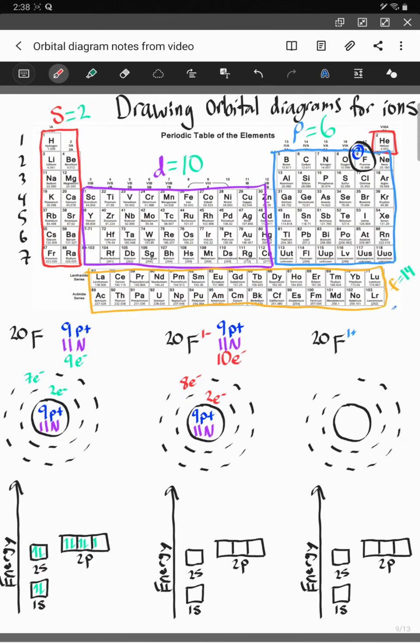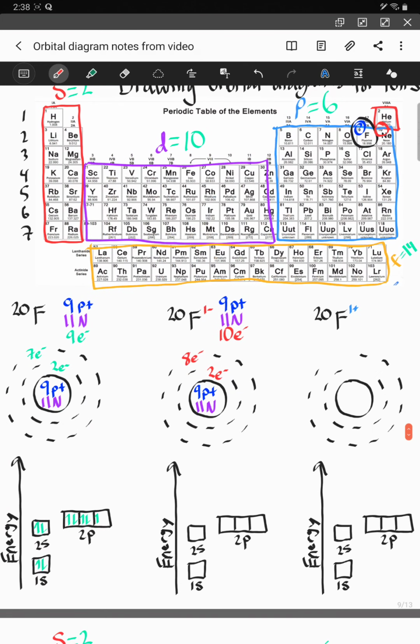I like to just look and find on the periodic table an element that has this number of electrons, because the atomic number on the periodic table represents the number of protons, but it also represents the number of electrons when the atom is uncharged. But since fluorine has a -1 charge, it's going to have the same number of electrons as neon would as an uncharged neon atom.